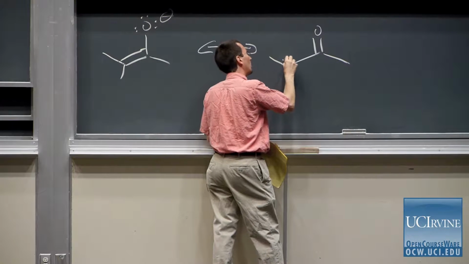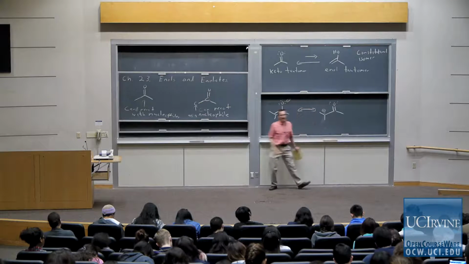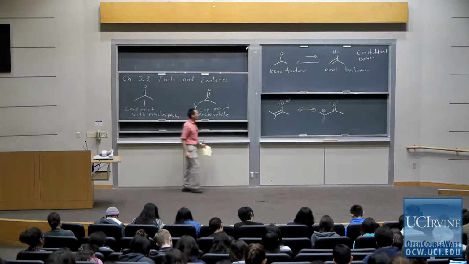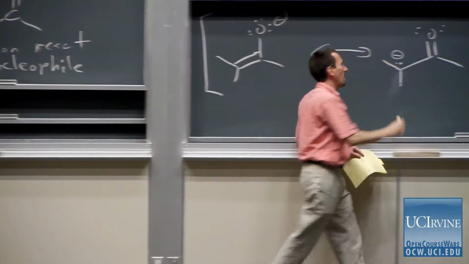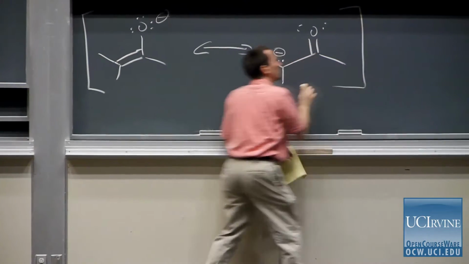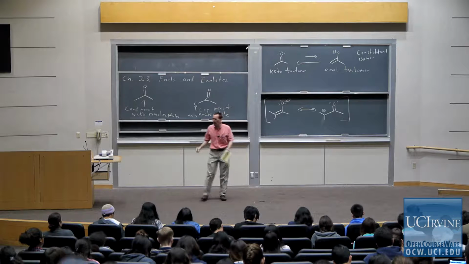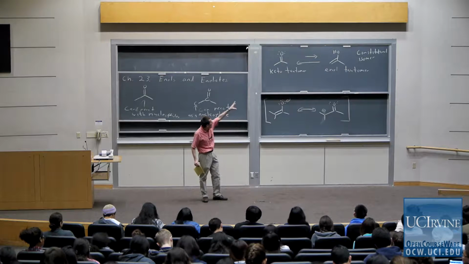And I will very explicitly draw my lone pairs and draw my negative charges like so. And just to be a good person, I'm going to put this in brackets to help remind us that these are two pictures of the same thing. It's not one, it's not the other.